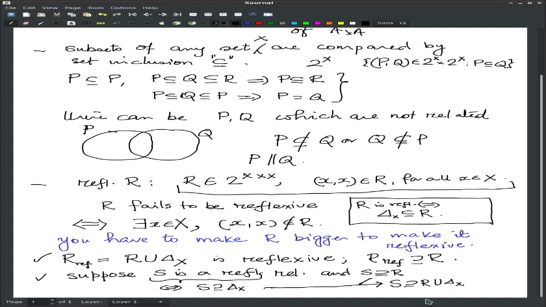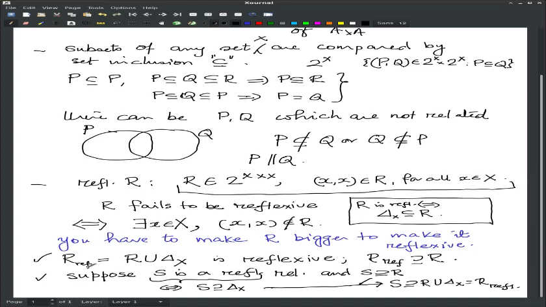this. That you know, if A contains B and A contains C, then A contains B union C. So this is saying that amidst all reflexive relations which contain R, this one, R ref, is the smallest one which contains it.